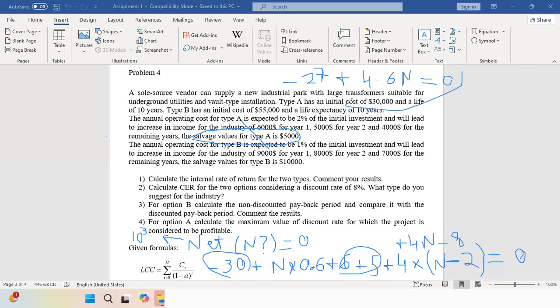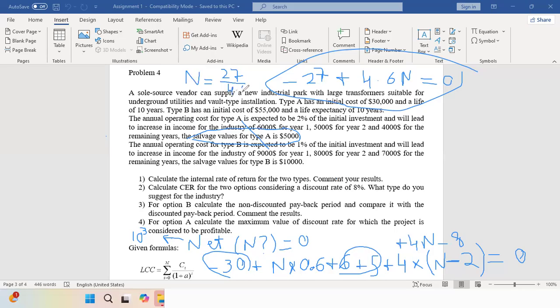This will allow us to get the value of N. Let me make sure of calculations here: plus 11 minus 8, so plus 3, minus 30, minus 27, yes, plus 4.6. So N is equal to 27 over 4.6.